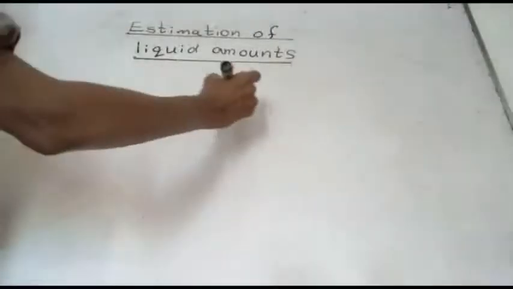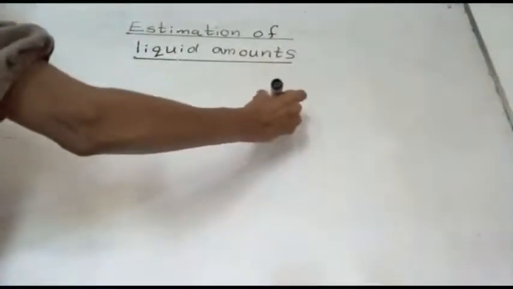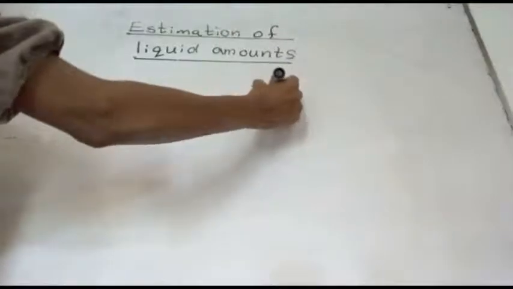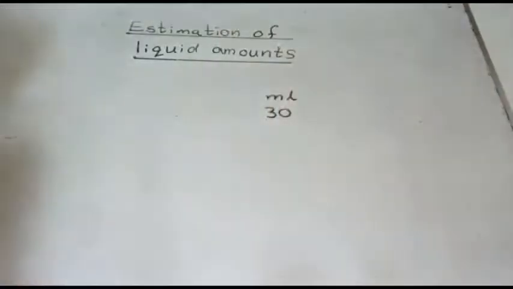30 milliliters of oil is required for a clay oil lamp. A clay oil lamp means one oil lamp.